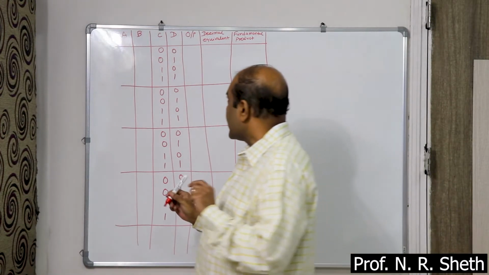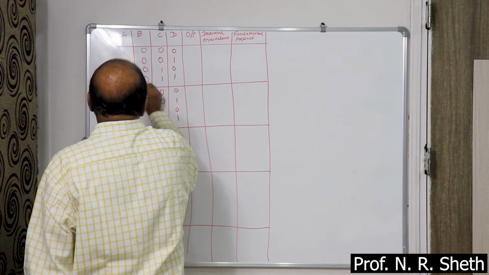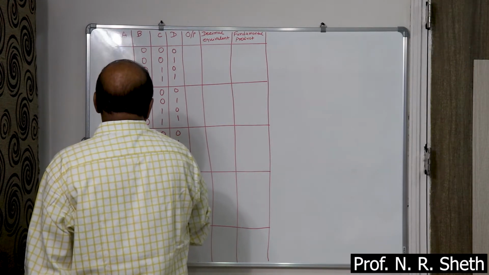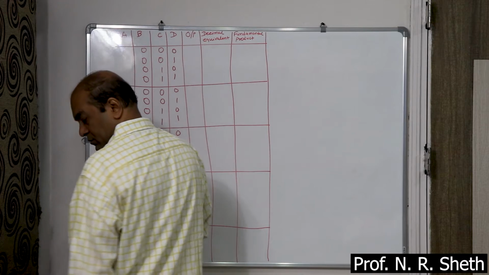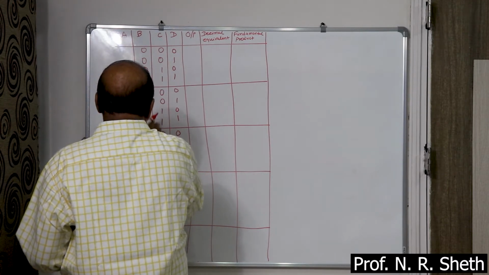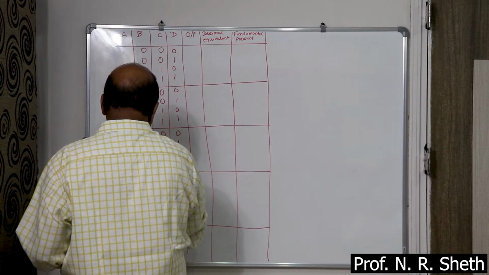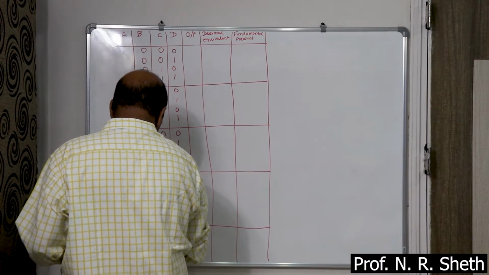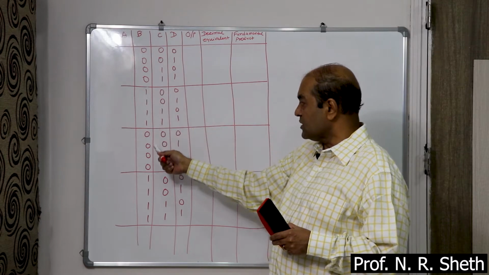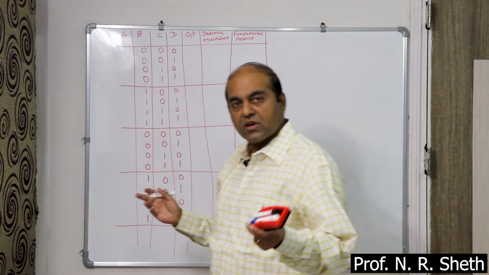Then 4 times 0, 4 times 1: 0, 0, 0, 0, 1, 1, 1, 1, 0, 0, 0, 0, 1, 1, 1, 1. And the last one, 8 times 0, 8 times 1.